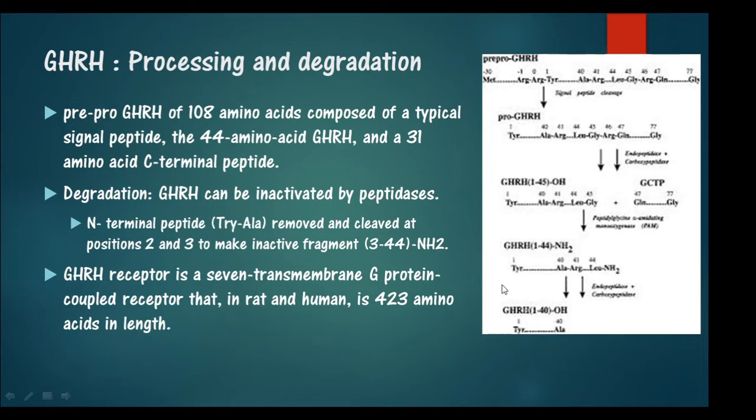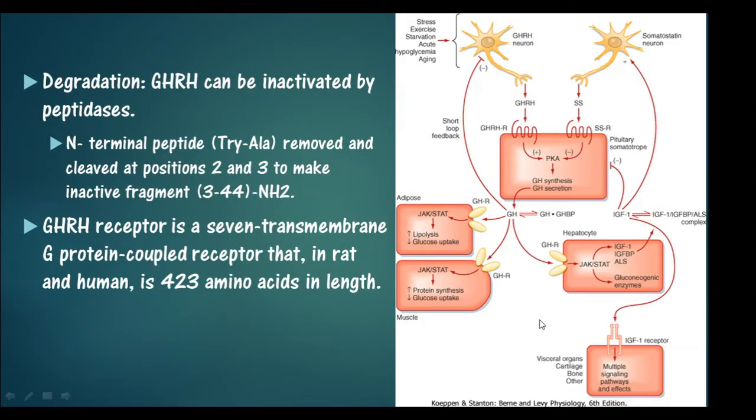All right. So this can then be further degraded by peptidases. So degradation of GHRH can be carried out by peptidases at the N-terminal peptide region, like we've already talked about. So this is the portion.